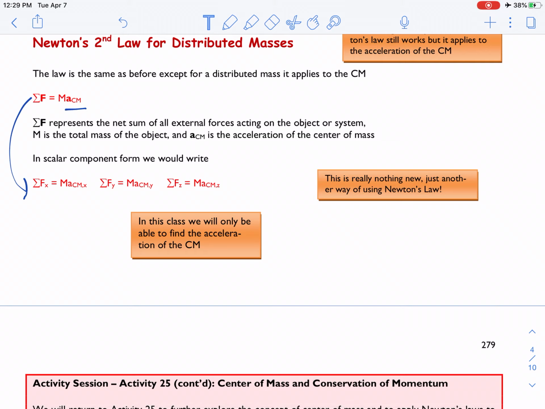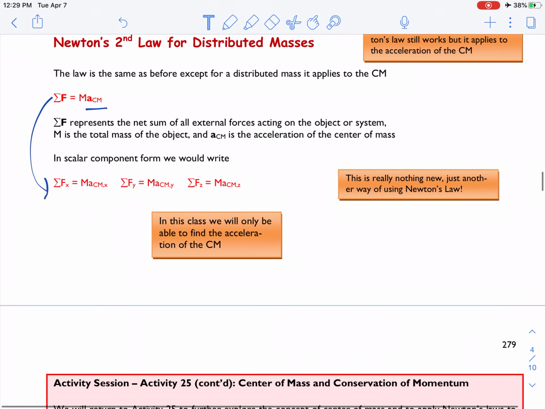The components are scalars, as we know, but we need to keep the signs. So the important things are that m is the total mass, and a is the center of mass acceleration only. You cannot arbitrarily choose a point on the object. And then you can write that for the three components x, y, and z, like that.